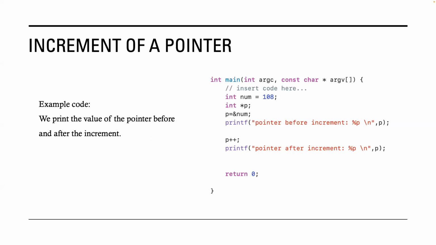So in this example, I'm printing the value before the increment operator operates on the pointer p, and again I'm printing the value stored in p after operating the increment operator.